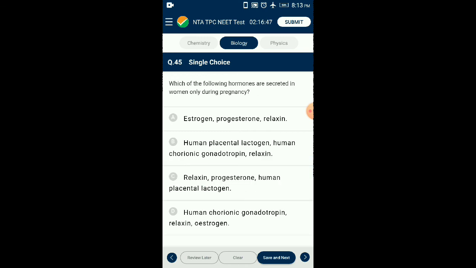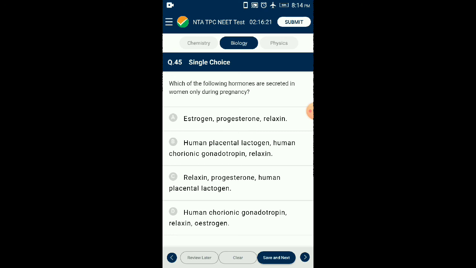Question number 45. Which of the following hormones are secreted in women only during pregnancy? Pregnancy is established approximately 1 week after fertilization. The blastocyst embeds itself in the thickened wall of the uterus through the process called implantation.